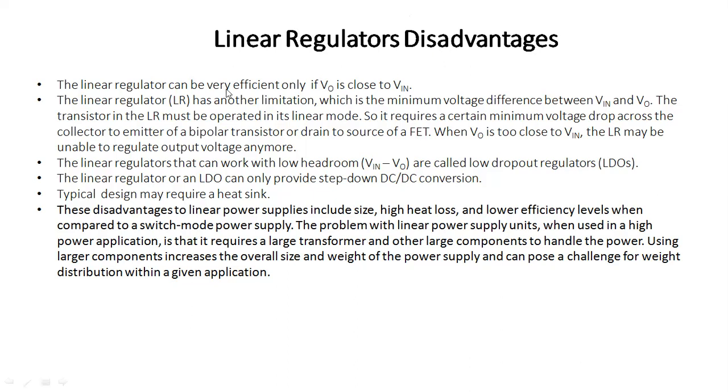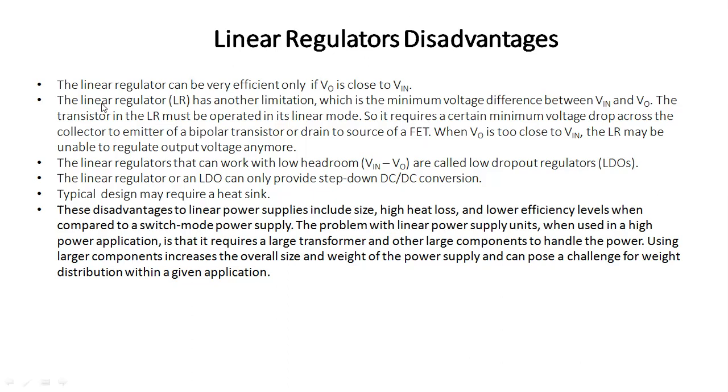The linear voltage regulator can be very efficient only if the output voltage is close to the input voltage. But if it is not close to the input voltage, we cannot say the linear voltage regulator is efficient.